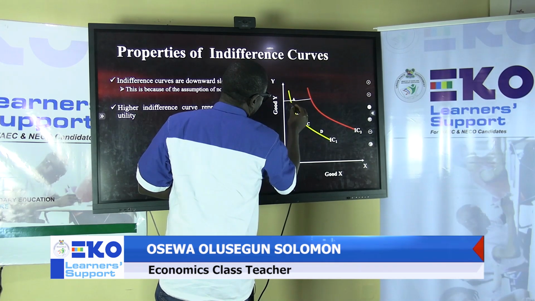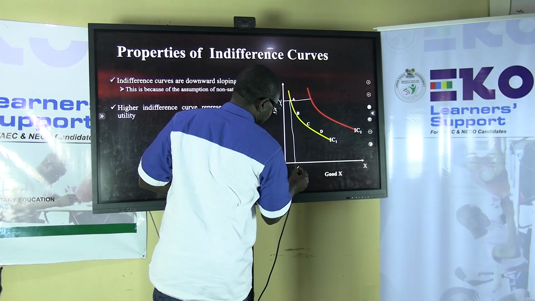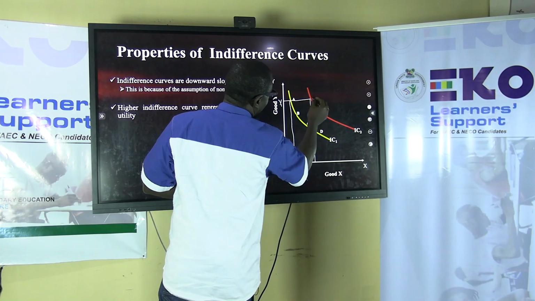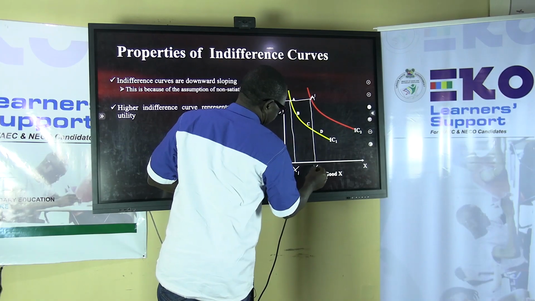So at point A, let's call this Y1, X1. And then let's call this point A prime and call this X2.